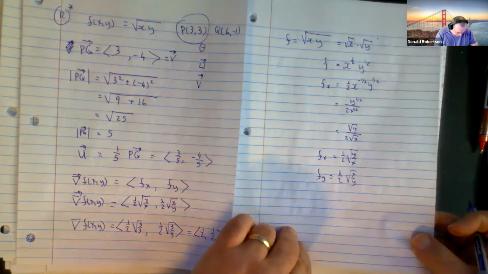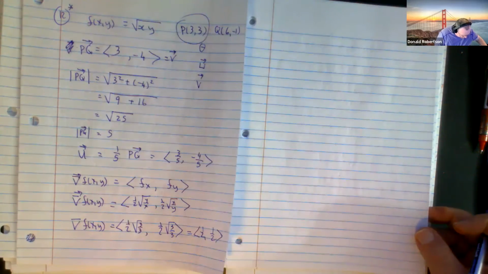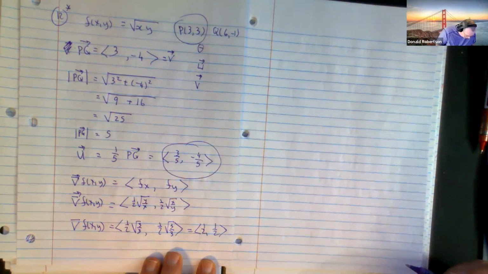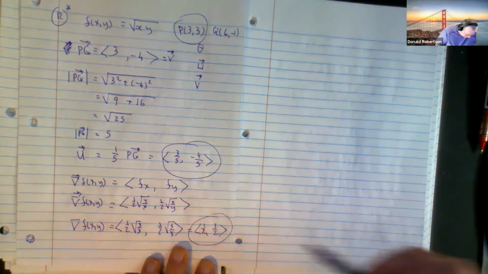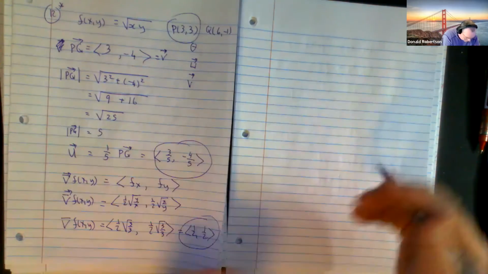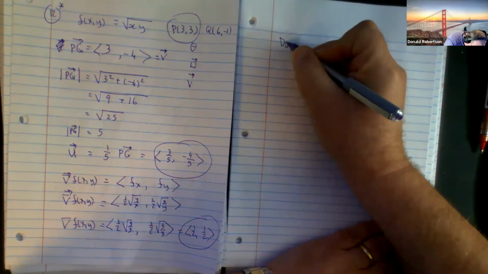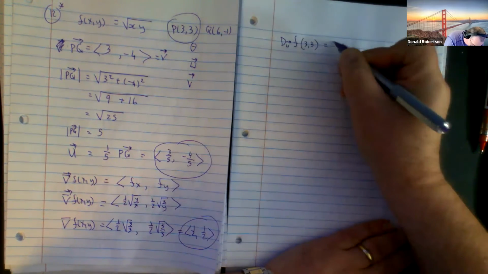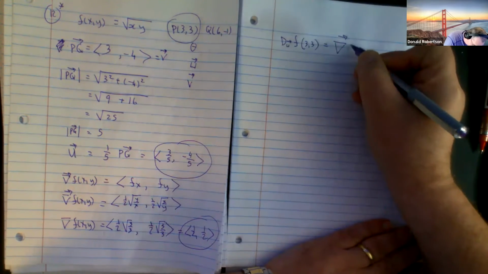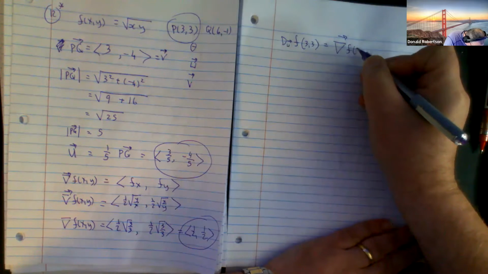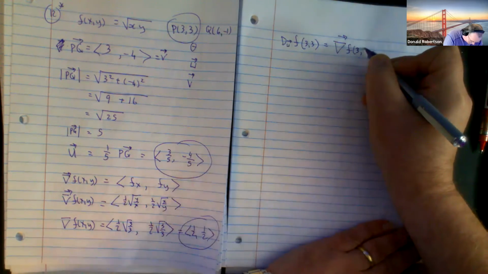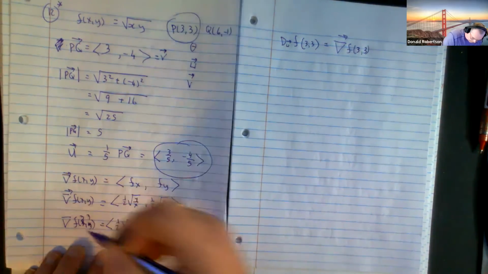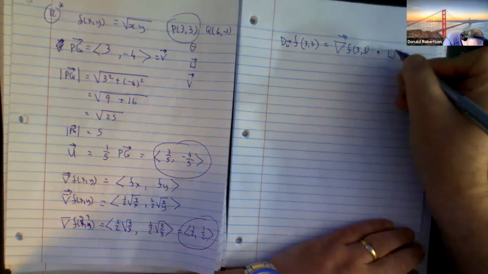So I should be able to get the directional derivative. There's the direction that we're traveling in as a unit vector. Here is the value of the gradient function at the point P. So the directional derivative of f at the point (3, 3) is the gradient at (3, 3) dot product with the unit vector.